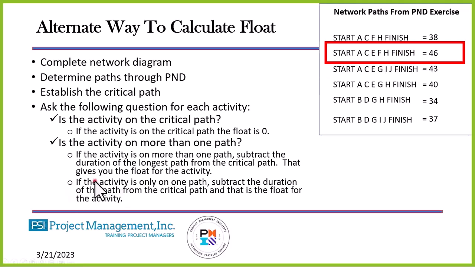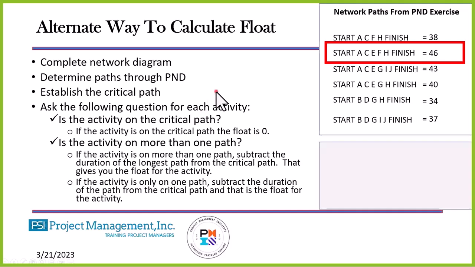Then we ask the question, is the activity on more than one path? If it's on more than one path, we take the longest path through the project and subtract that from the critical path, and that will give you the float for that activity. If the activity is only on one path, you subtract that from the critical path, and that will give you the float.